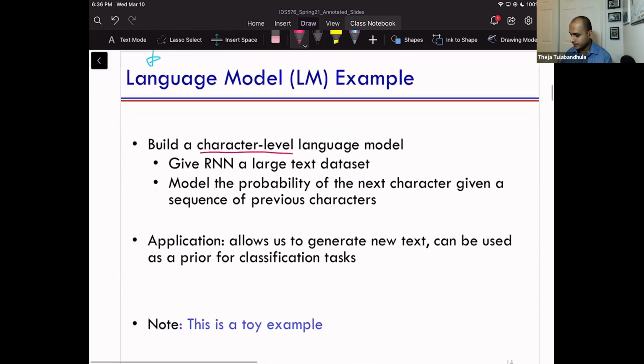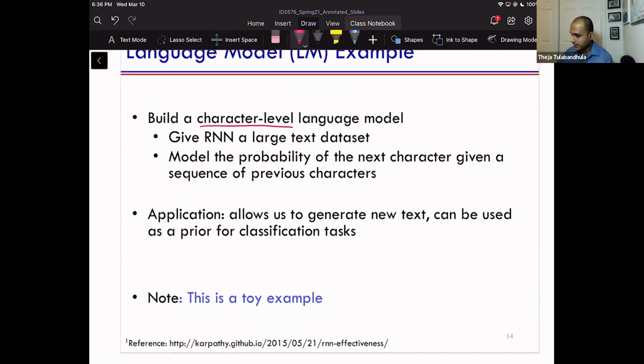So what does the language model do? A language model is just a specific name for an RNN model when it produces specific predictions.